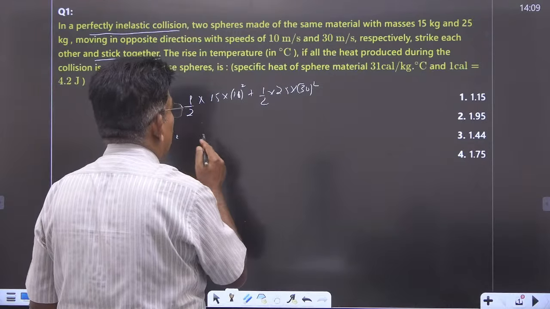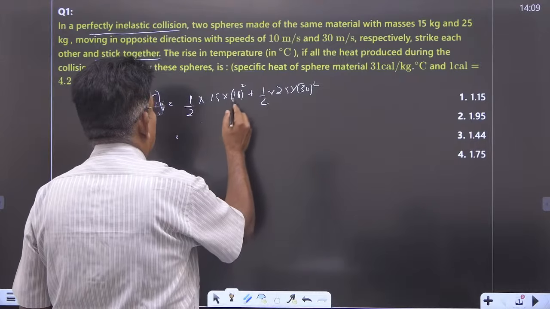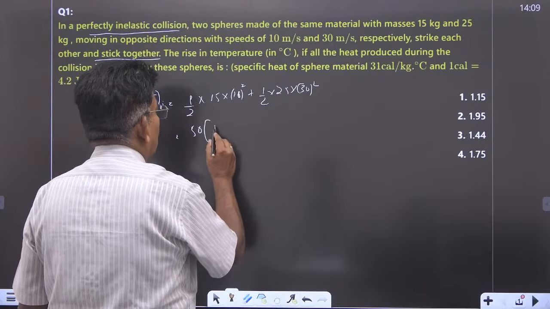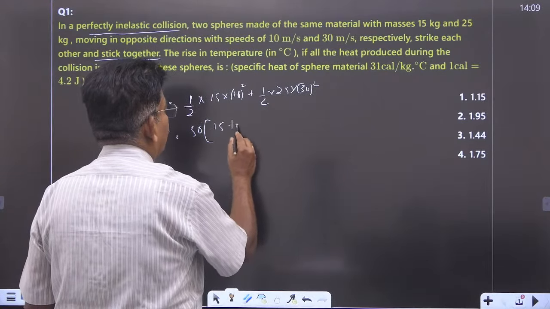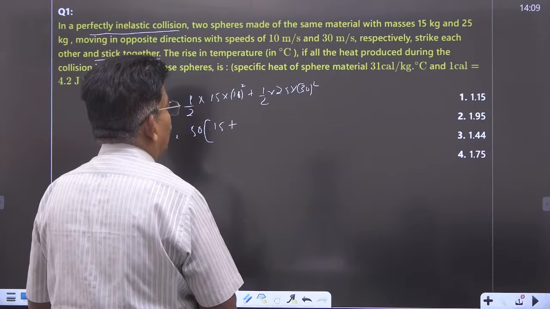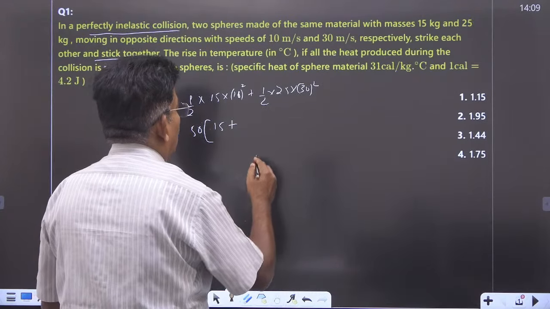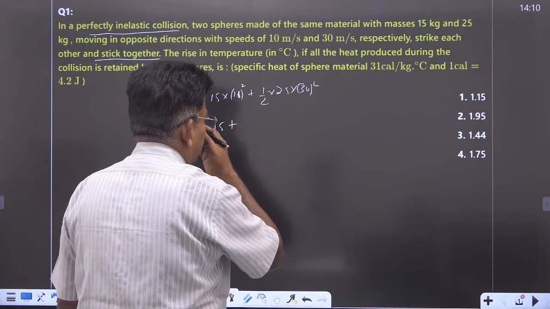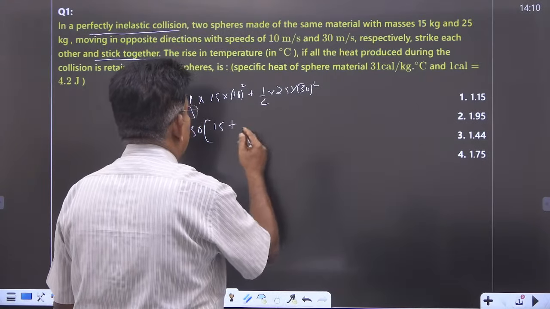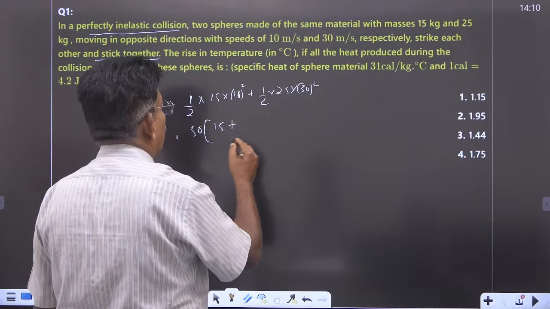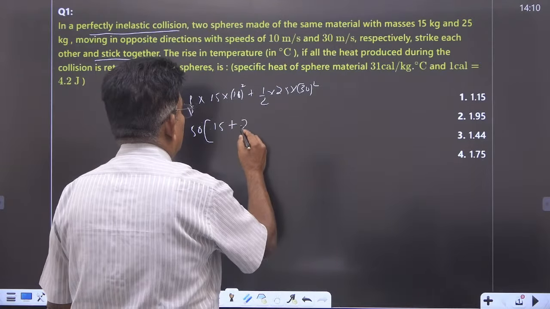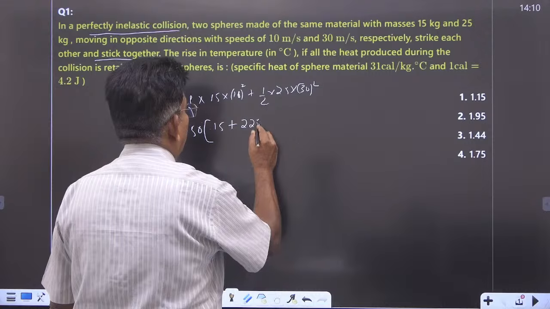Half into 10 square. 10 square is 100, so 100 by 2. I take it out. Remaining will be 15 plus, here how much will be remaining if I take out half and 10 square? 30 square means it will be 900. 900, I had taken out 100 by 2, so 9 is remaining. 9 into 25, that will be 225.